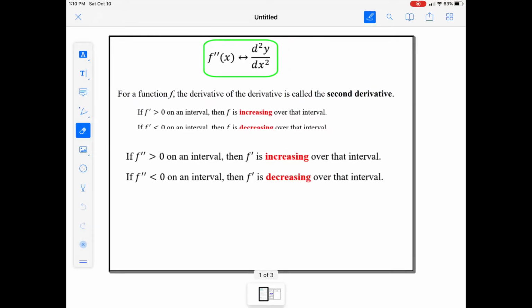So here is our first slide that gives us some notation. You'll remember that we've got our Newton's notation. This is f double prime, that's the second derivative. And over here we've got Leibniz telling us that this is also expressed as the second derivative. Just to give you some insight, this is what that second derivative is telling us.